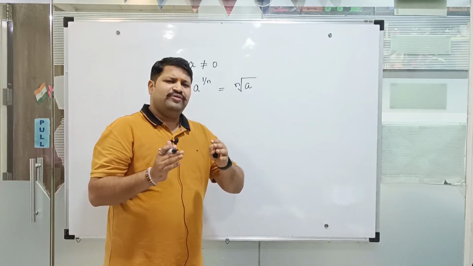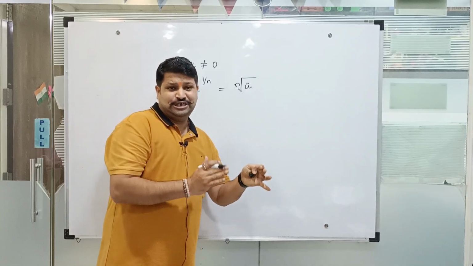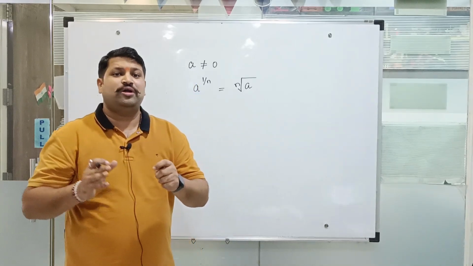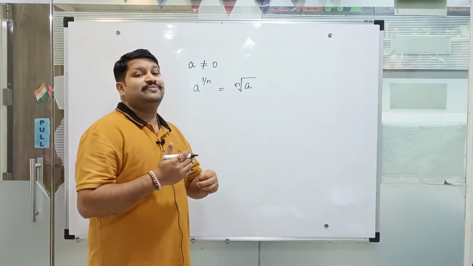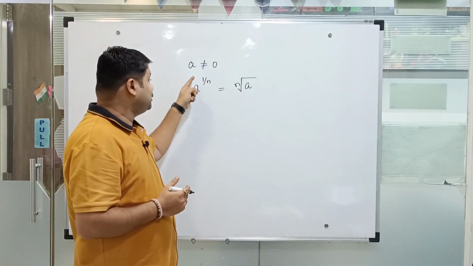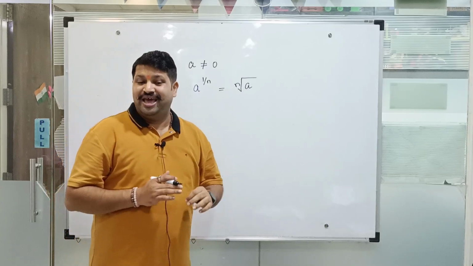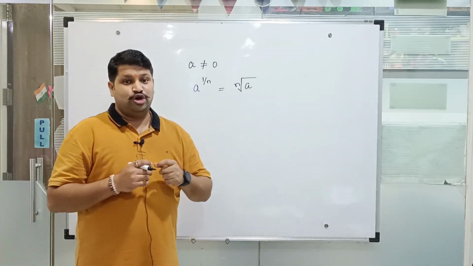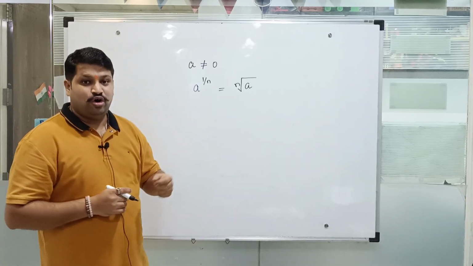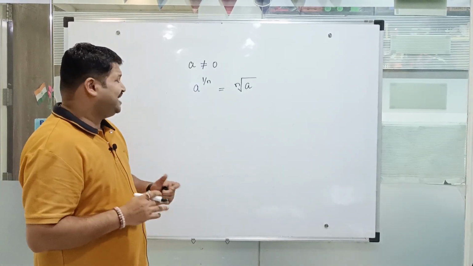Okay. So when we were taking exponents as integers, we were multiplying them together. Now if we are taking them as fractions and we have our numerator as 1 and denominator as any integer, then we need to take the root of that order. So let's take an example of this.